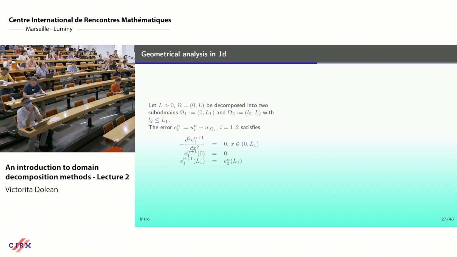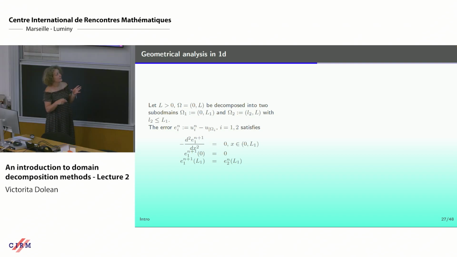And so the error will verify the homogeneous counterpart of the PDE, which here is an ODE, right? So this is my Laplace in 1D. This is the boundary condition at the left boundary here. And this is the interface condition because the domain Omega 1 is (0, L1). So this domain will take the information that comes from domain 2 at the previous iterate, right?